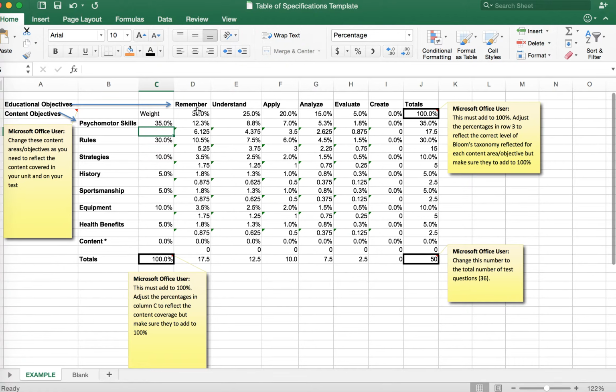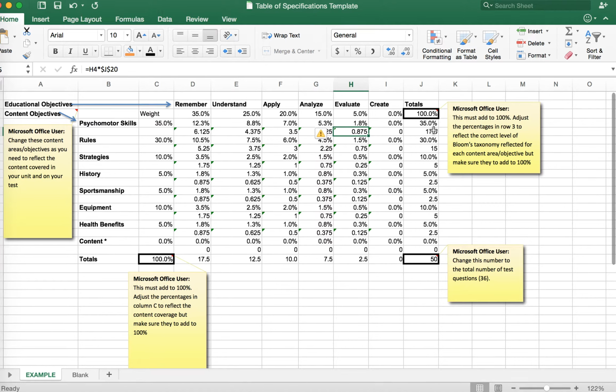Now, what happens is this column right here ends up taking 35% of motor skills and the 50 questions that we want on our tests, and it says that we should have approximately 6.1 questions that are psychomotor skills that are in the remember category of Bloom's taxonomy. 4 questions that are within understand and psychomotor skills, 3 questions for apply, 2 questions for analyze, 1 question for evaluate.